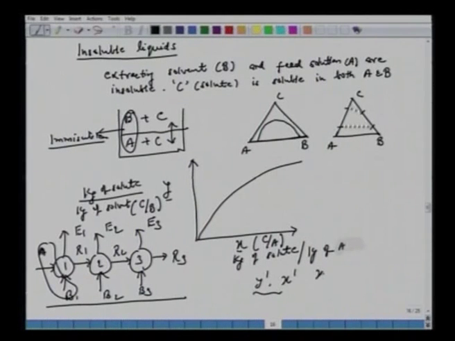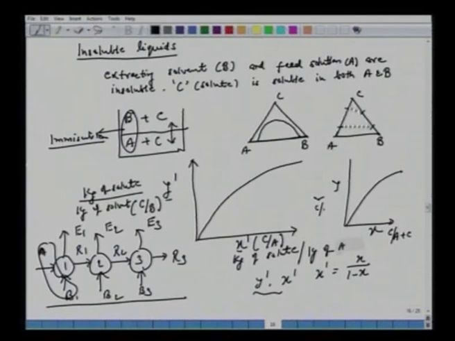In other words, it's better to work on x over 1 minus x, so maybe C over A. This will also work, or y versus x, if we write C over A plus C, and y as C over B plus C. So either of these two equilibrium diagrams should work. But again, if you recall our previous discussion on absorption, if you work on a solute-free basis, then you take advantage of a linear operating curve.